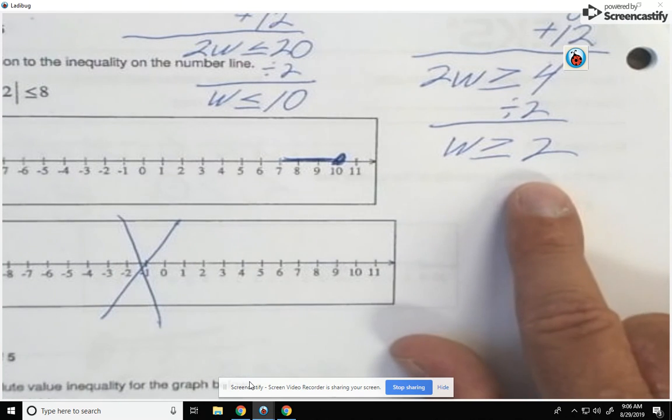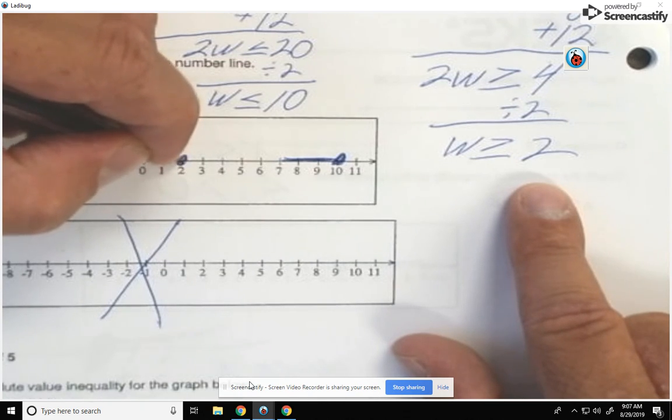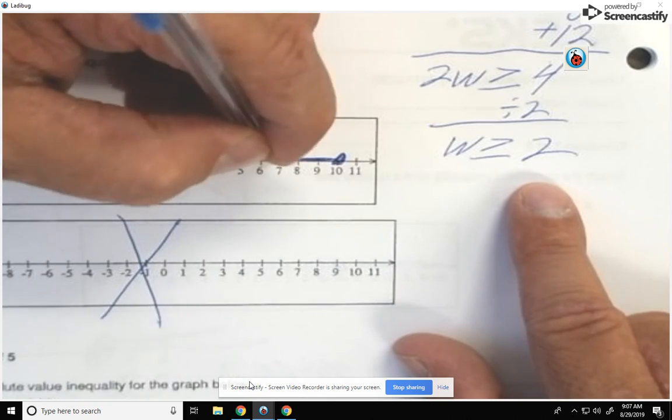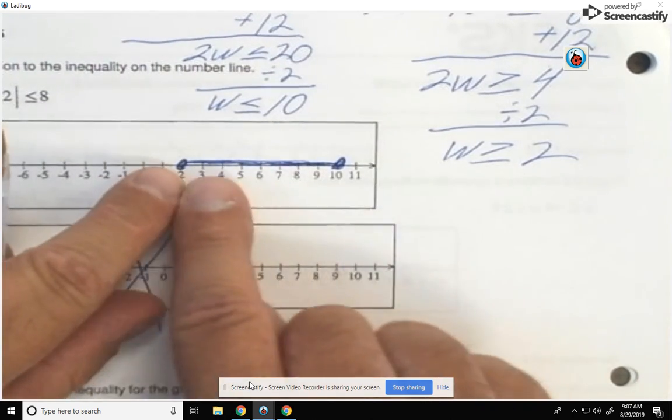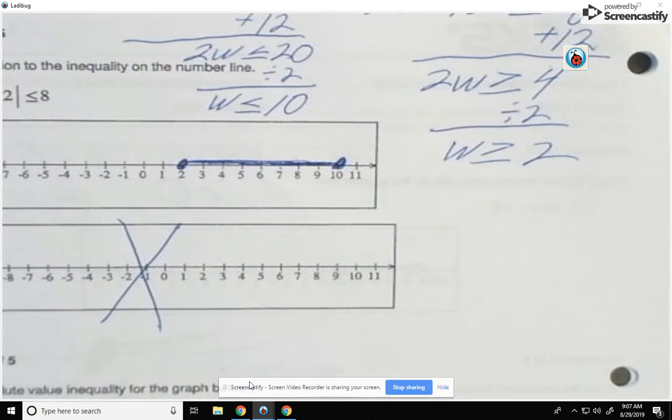With my second part, I notice that I have a closed dot on my 2. It's opening to my letter, which means I'm going right. So this is a case like I mentioned earlier. My shadings are going towards one another, so I stop at the points and I have the shading just in the middle.